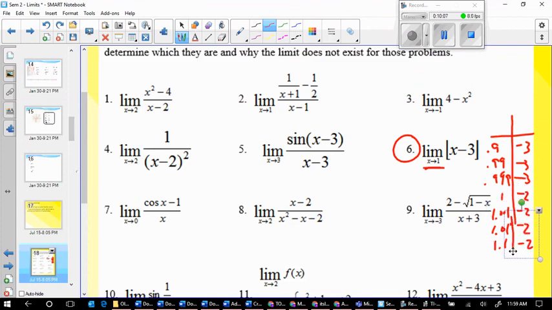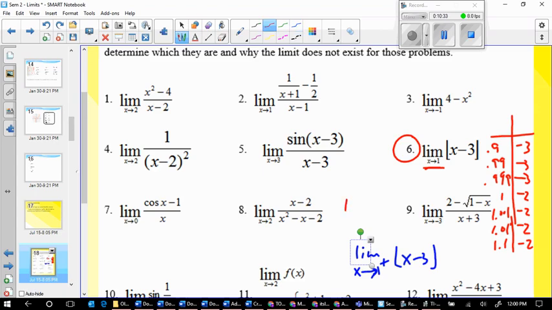Now, earlier we talked about these one-sided limits. In this particular case, I want to take a look at those one-sided limits. The limit as x is approaching 1 from above of x minus 3. Above, remember, means from larger values.